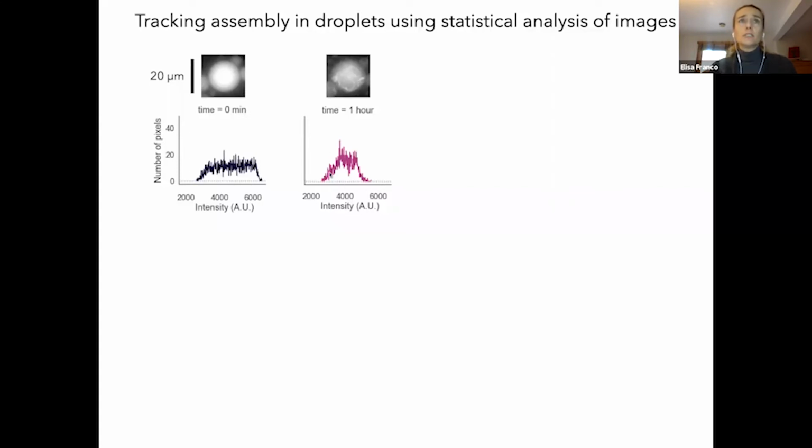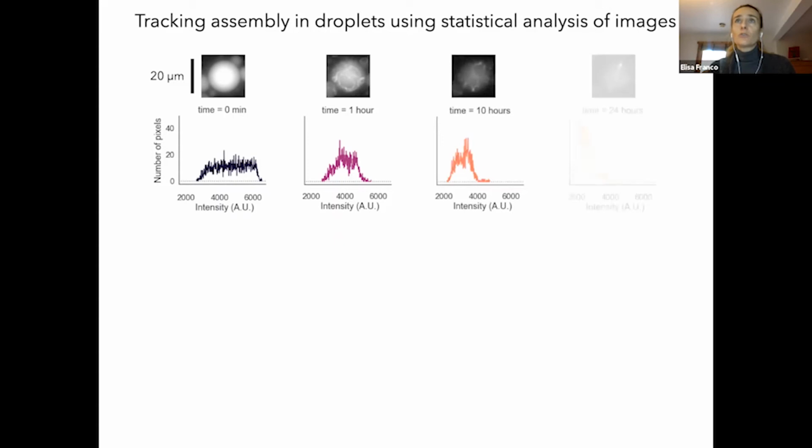As you can see, the shape of the histogram of pixel intensity has changed, and this trend continues over time. At the end of the experiment, the pixel intensity histogram looks like it has a peak and then a really long tail, quite different from what we had at the beginning.